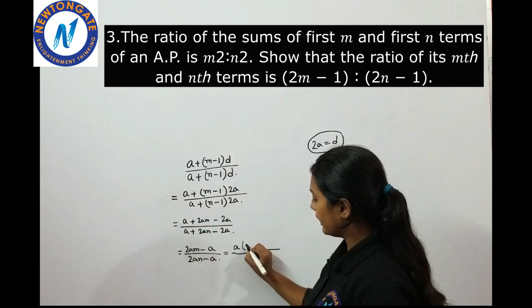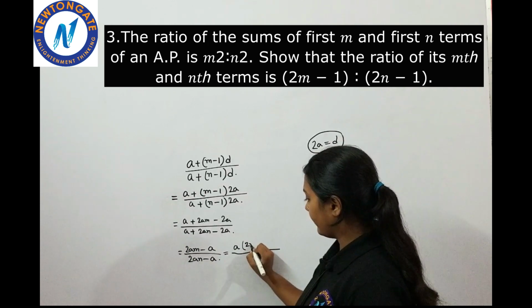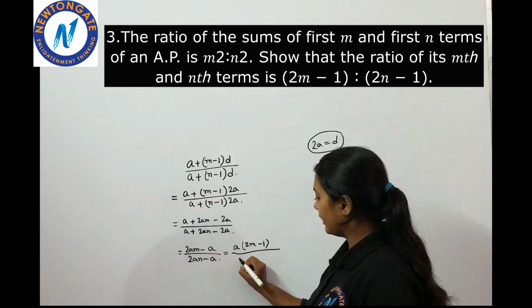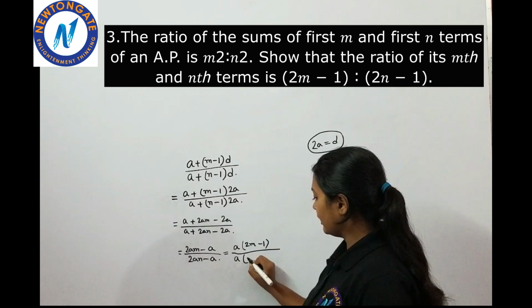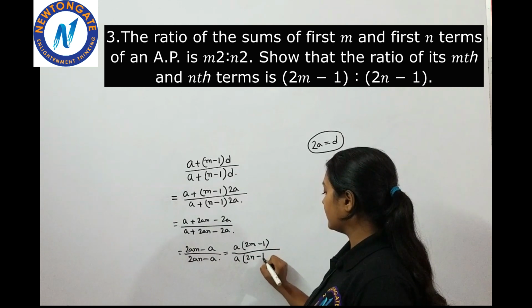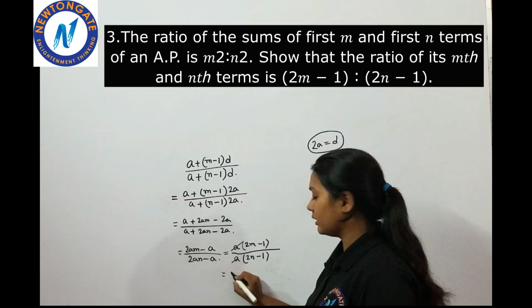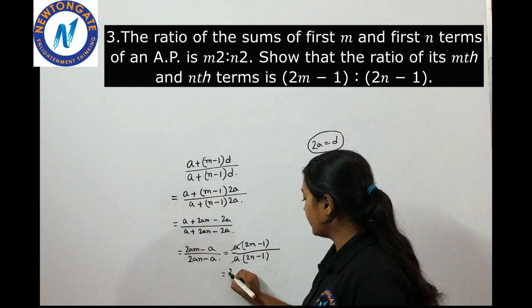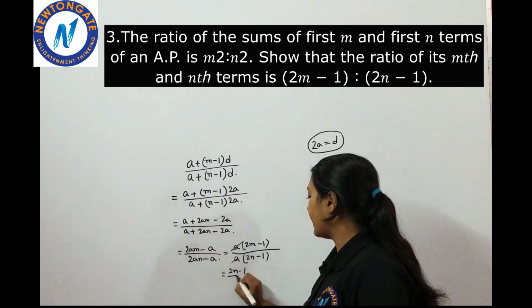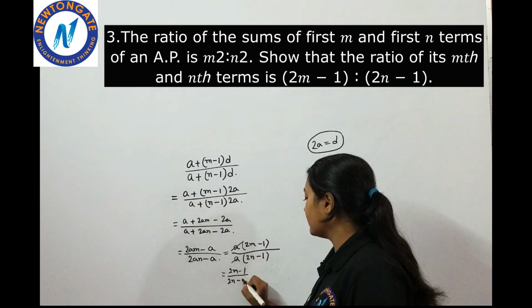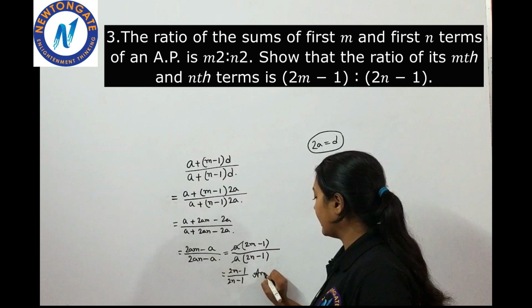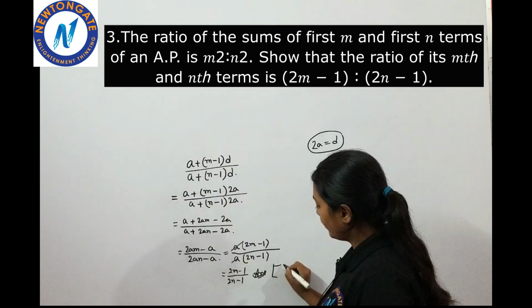Then we will get 2m minus 1, and here we get 2n minus 1. If we cancel out a, then we will get 2m minus 1 by 2n minus 1, and this is the answer or proved.